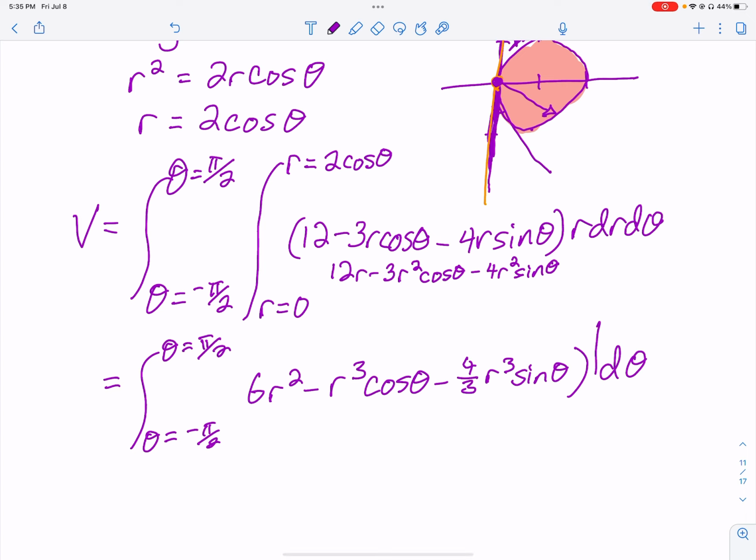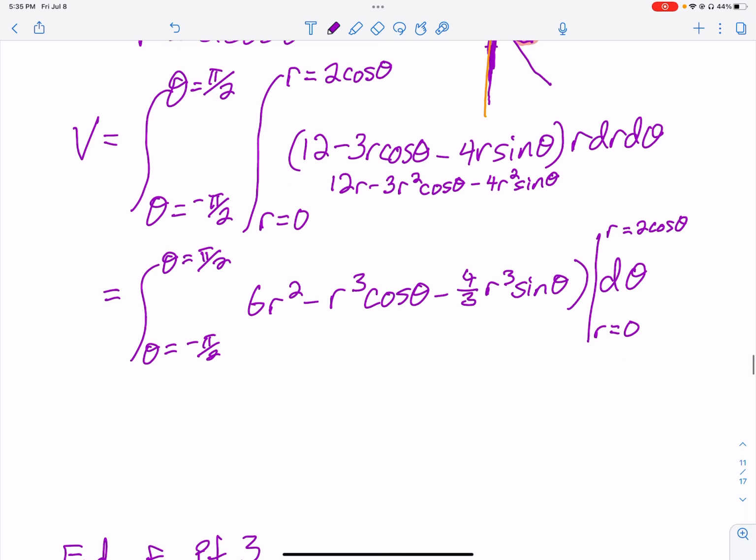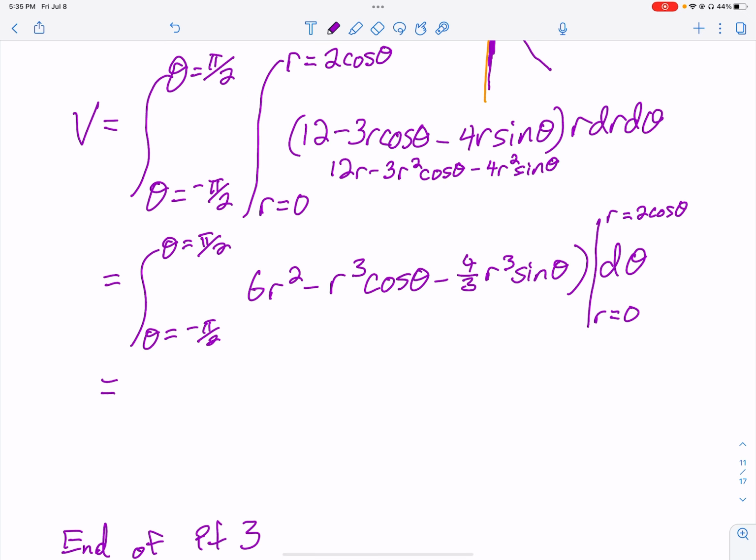Okay, we did that, but we have to run our bounds. It's r equals 0, r equals 2 cosine theta. So we have to plug all those in. One thing, that's a habit of mine: I actually try to leave off those bounds, and I'm like, oh, we have to do it with theta now, but we're going to end up with some r's, and I caught it. All right, so I'm going to show you what that is plugged in.